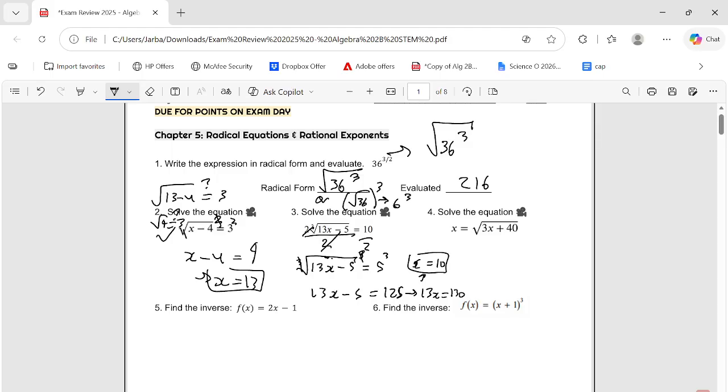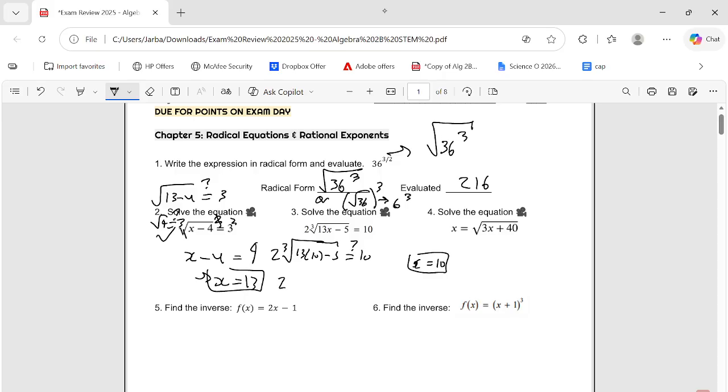Okay, if we plug that back in, let's just check real quick. We're going to say 2 times the cube root of 13 times 10 minus 5. Is that equal to 10?